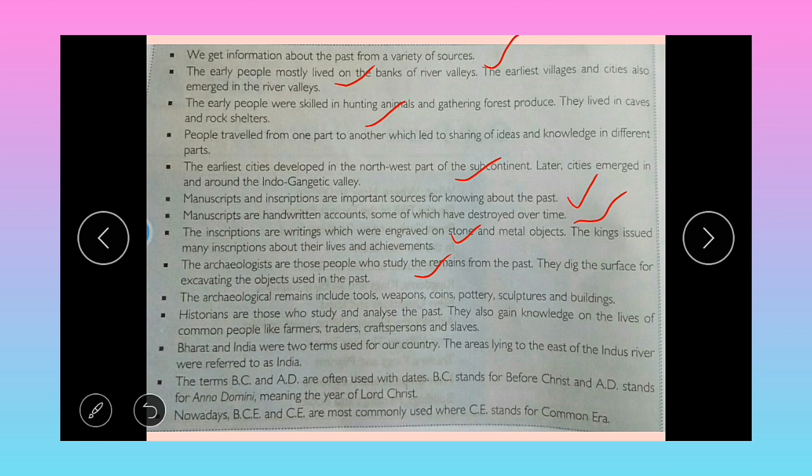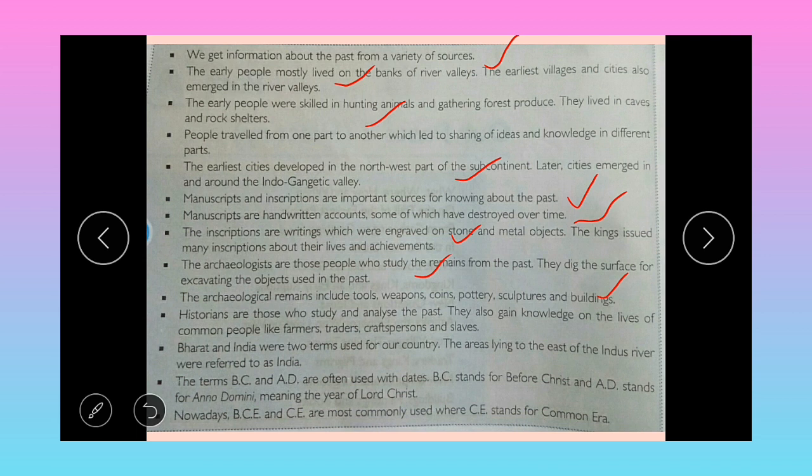Okay, now the next thing: archaeological remains include tools, weapons, coins, pottery, sculptures, and buildings. I said that in the excavation process, what the people get is called archaeological remains. The meaning of archaeological is only the remains of the past.